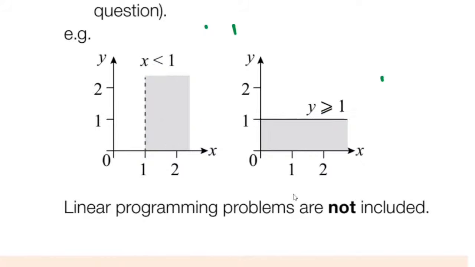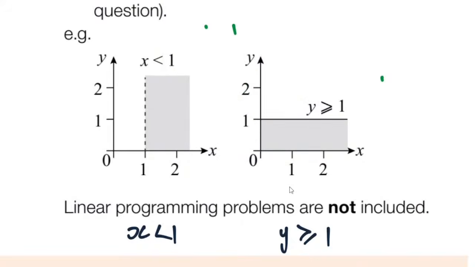Those are 2 steps. They will just say to you, shade the unwanted region. Then they say x less than 1. Then they say y greater than or equal to 1. They will just say shade the unwanted region. They're not going to tell you that you have steps. But I'm telling you, you have steps.